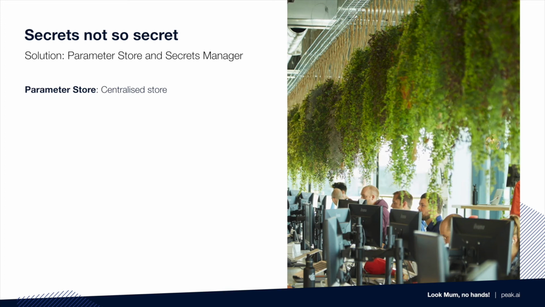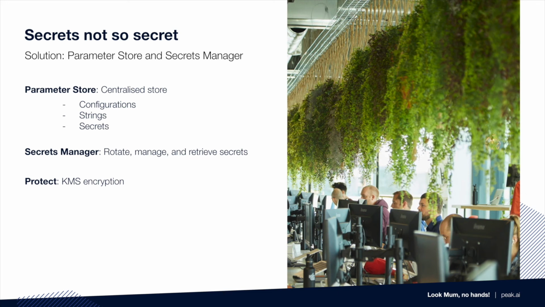Parameter Store acts as a central store. It allows you to store data such as passwords, database strings, Amazon machine image IDs, license codes, all as parameter values. Secrets Manager lets you easily rotate, manage, and retrieve database credentials, API keys, and other secrets throughout their lifecycle.